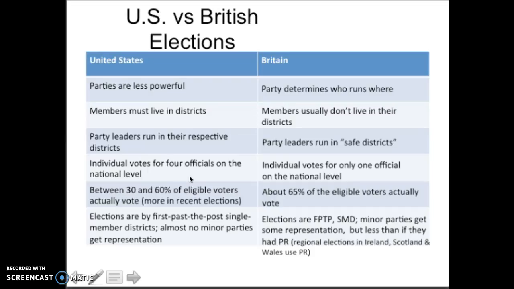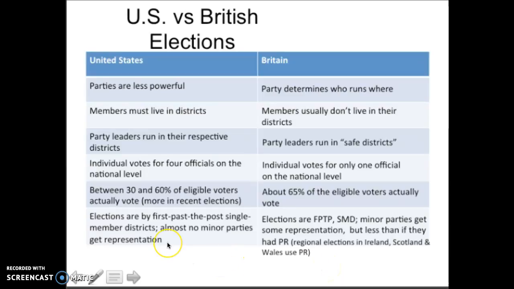there's still the presence of minor parties in the UK Parliament. So in the UK, minor parties do get some representation, but if the UK adopted proportional representation, you would see that the elections held in Ireland, Scotland, and Wales would probably support more diverse party candidates, because you can see that in the regional elections in Ireland, Scotland, and Wales that use proportional representation, there's a lot more party variety.